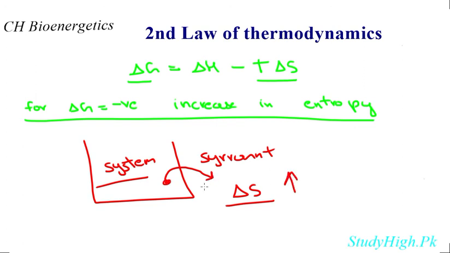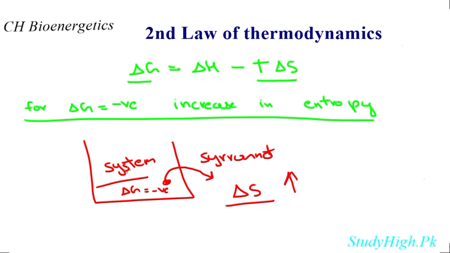It means something is being added to the surrounding and increasing the randomness of the environment. So delta S will be positive when the delta G of this reaction is negative. If this is a highly exothermic reaction, then delta S will be highly increased according to the magnitude of this exergonic reaction. So this is the second law of thermodynamics.